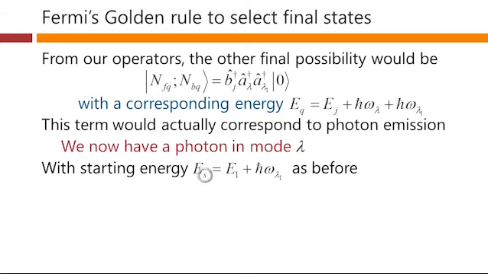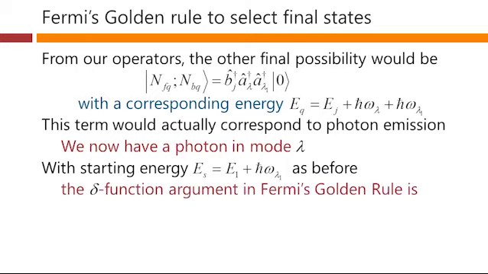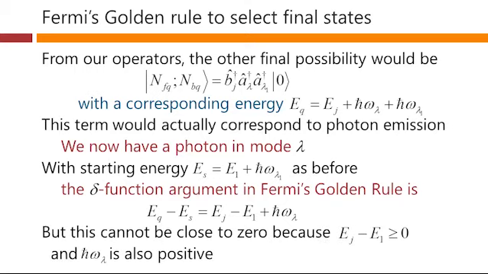Well, with a starting energy that was just E1 plus h bar omega lambda 1, the delta function argument in Fermi's golden rule is the following. But this cannot be close to 0 because Ej minus E1 has to be greater than or equal to 0. J can only be 1 or 2.